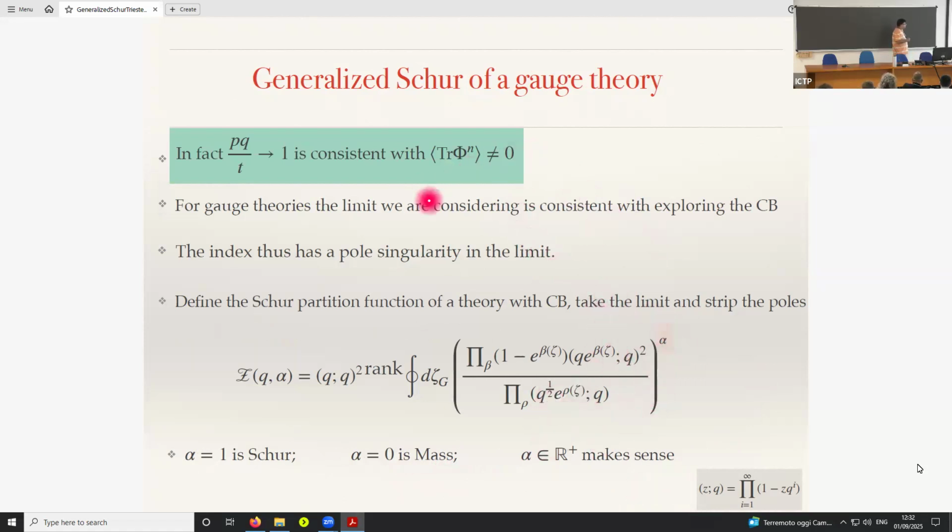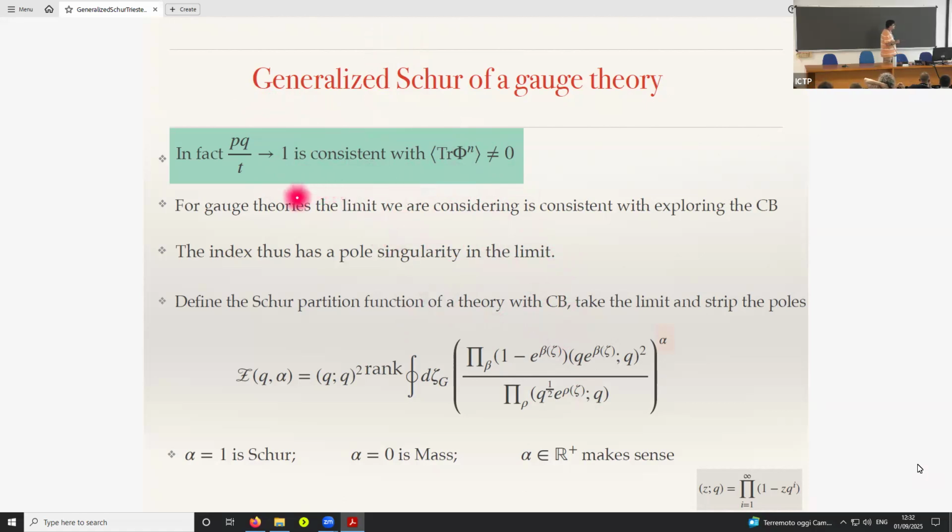Now, this was for a hypermultiplet. For the gauge theory, this limit is more tricky, and the reason is that this limit of QP over T going to 1 is also consistent with giving vacuum expectation values to trace phi to the n, that is going on the Coulomb branch. Okay? Again, this is because, as I already mentioned, QP over T is the weight of this field phi in this N equals 2 index, so setting this to 1 is consistent with turning on a VEV.